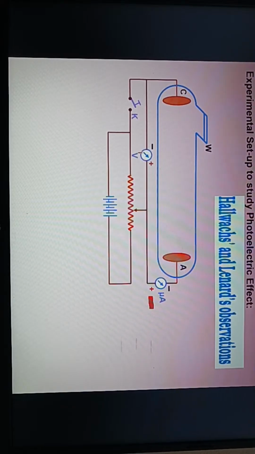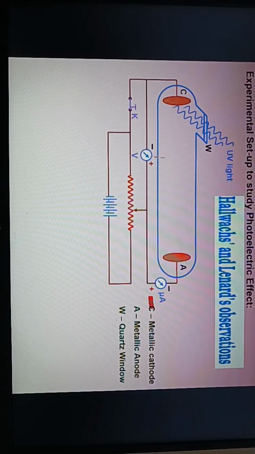When the ultraviolet rays pass through the quartz, electrons will be ejected. How nice. And then you can see the reading here. This is called the photoelectric current. This is the anode voltage, positive or negative. The stopping potential we can take from the voltmeter.